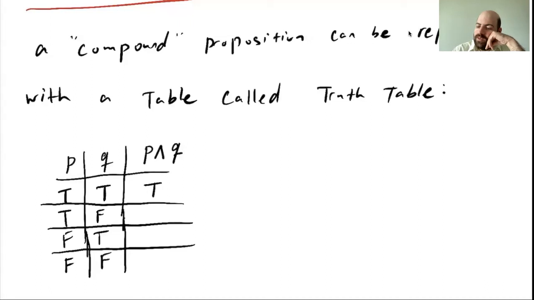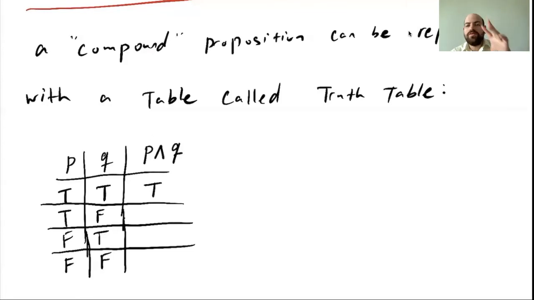So P and Q, right? P conjunction Q will be true only if I watch a movie and also eat chicken tomorrow.